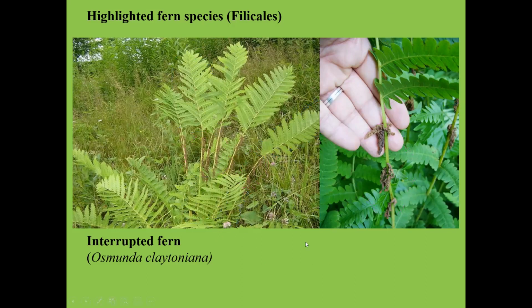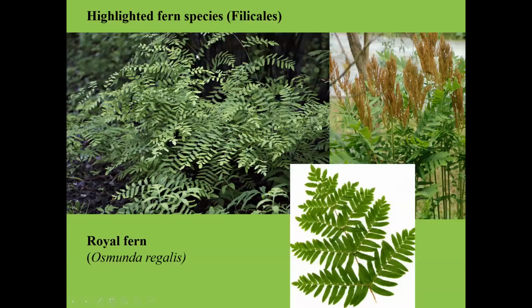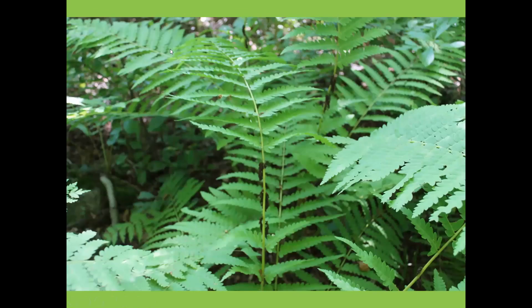And last but not least, here you go, showing you in nature. Right, here is the green part on the top. Here is the green part on the bottom. And interrupting this leaf are those fertile leaflets or pinna.